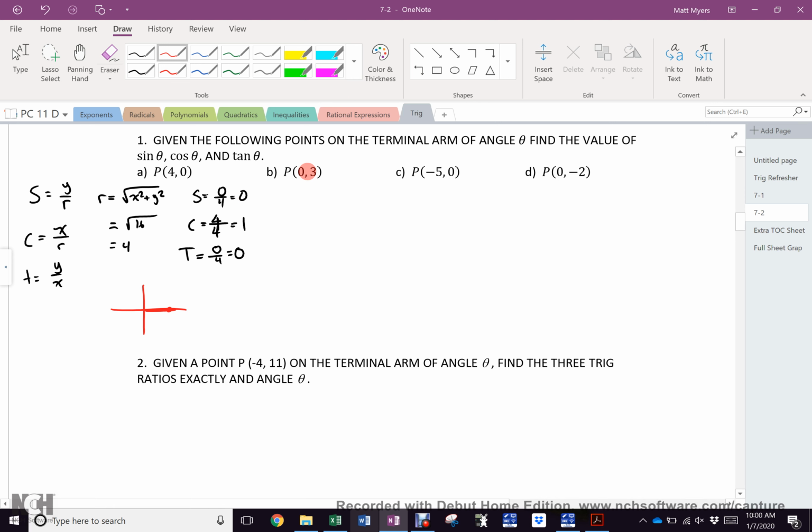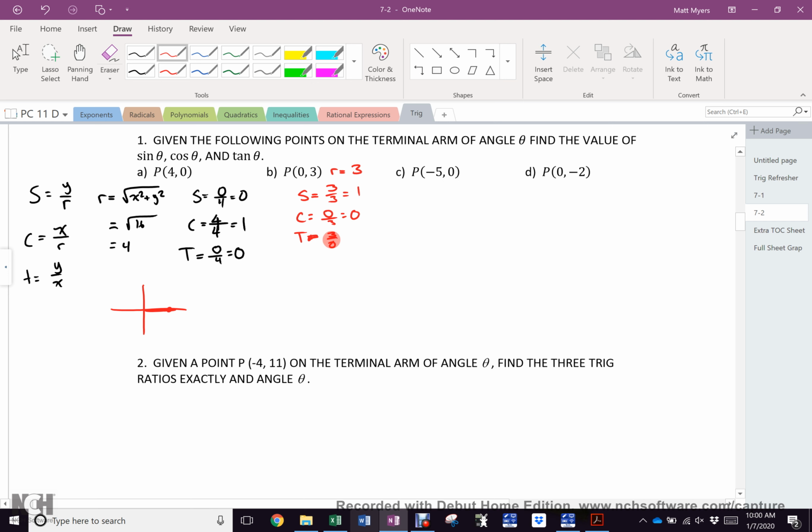So this guy, what's this guy's r? 3, right? So what's this guy's sine? 3 over 3. What's his cos? 0 over 3, which is 0. And what's its tan? 3 over 0.